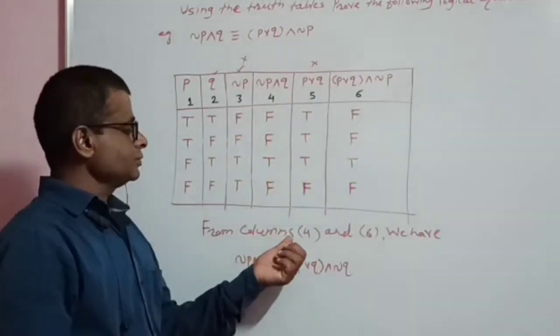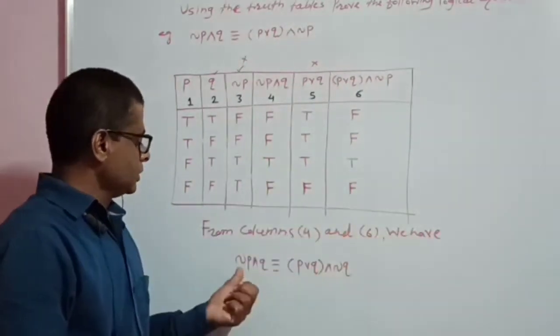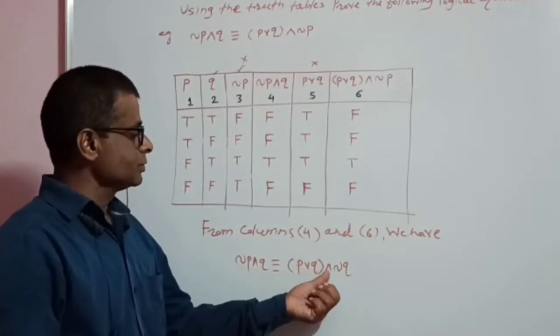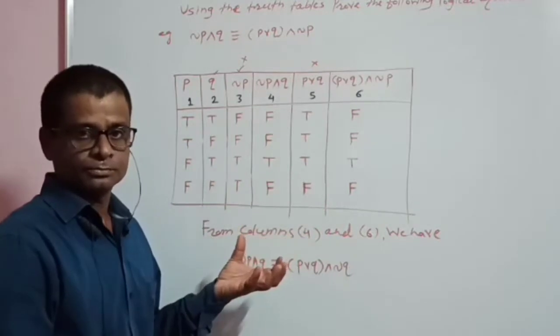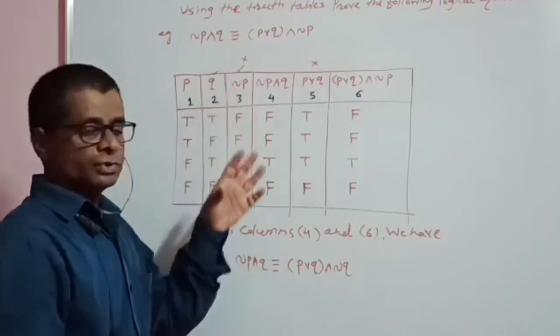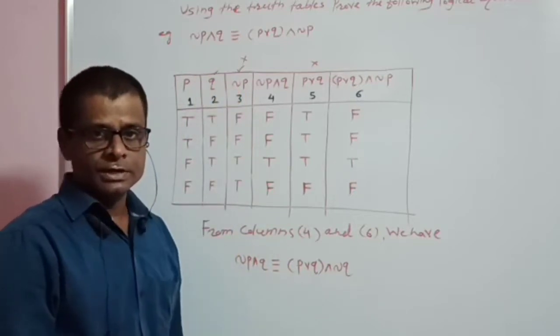So from columns 4 and 6 we have negation of (P conjunction Q) is logically equivalent to (negation of P) disjunction (negation of Q). In this way you have to prove the given two statement patterns are logically equivalent.